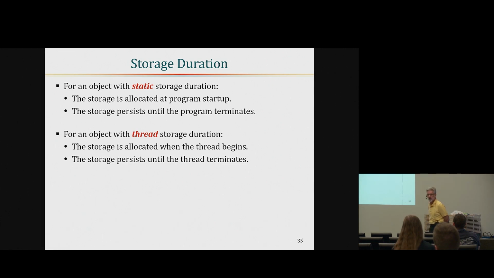The only difference is that it's the duration of the execution of a thread. Thread starts up. If it has thread local storage, that thread local storage will be allocated at that time. It may have been set aside prior to the start of the thread. Conceptually, you only have access to it once the thread starts running. And it's there as long as the thread remains running.